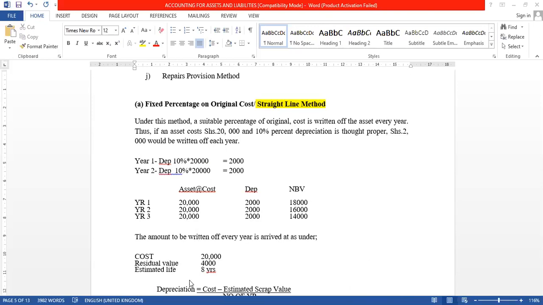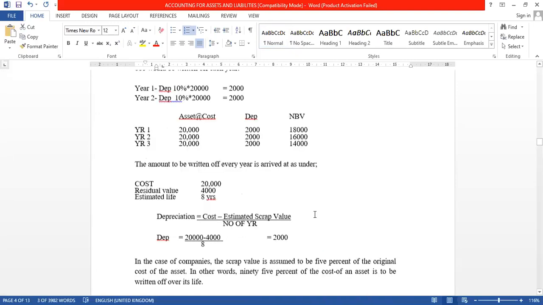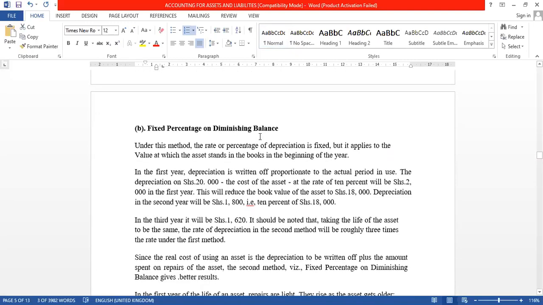Very nice. Now, that is what we call straight line depreciation or fixed percentage on original cost. Simply refer to it as straight line. The second method is what we call reducing balance.